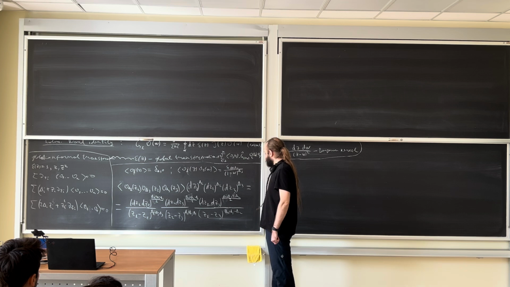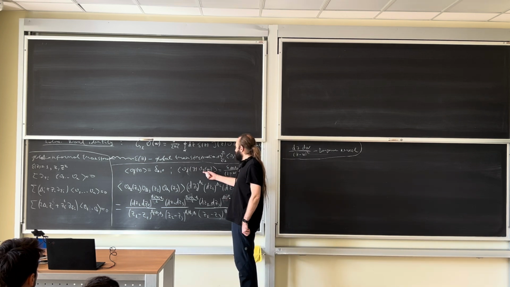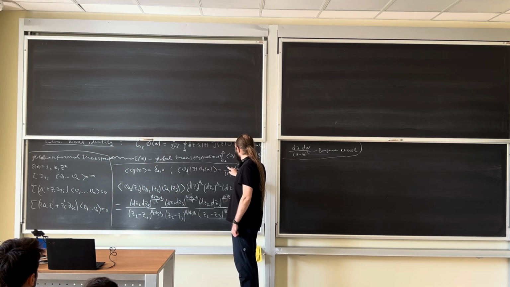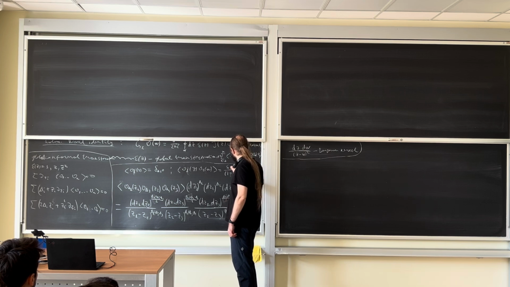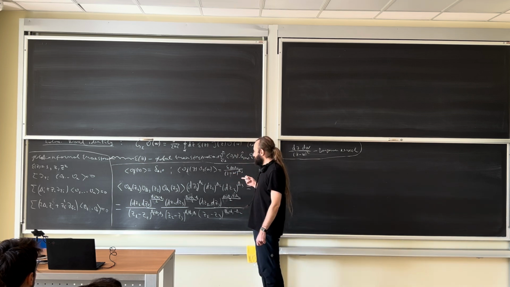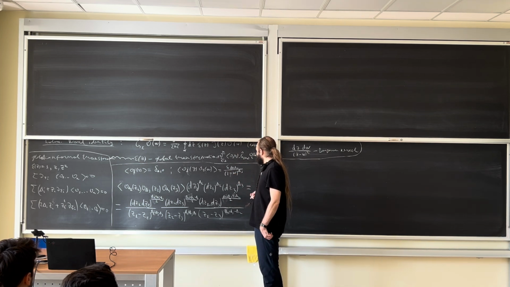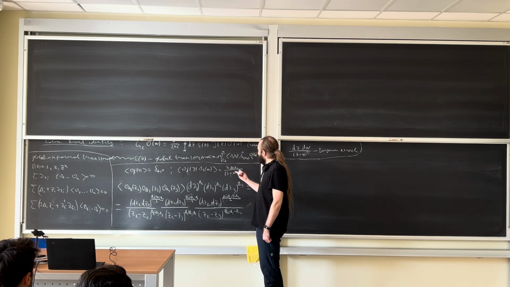Also, if we normalize a two-point function by a Kronecker delta, it means that we used almost all freedom in the definitions of this field, maybe up to some sign.